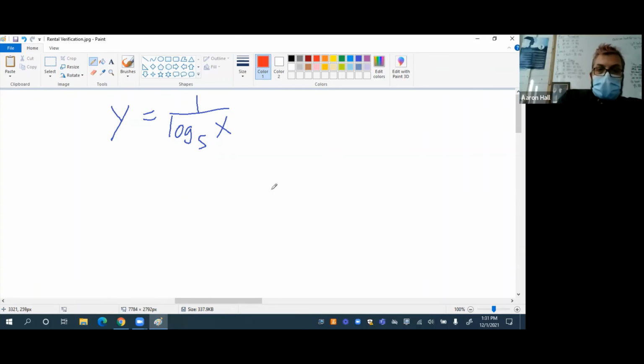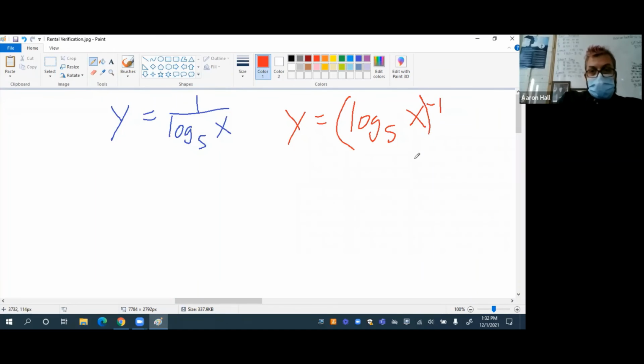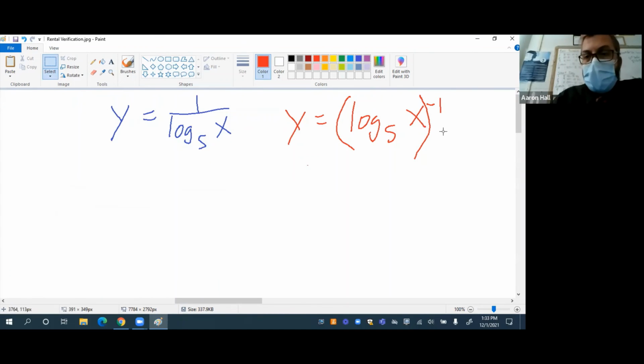So you want to change this to y equals log base 5 of x to the power negative 1. Is that the same thing? Okay, what do we get?